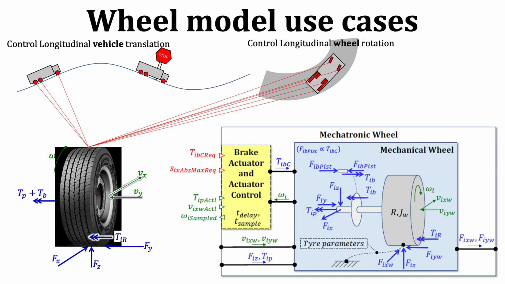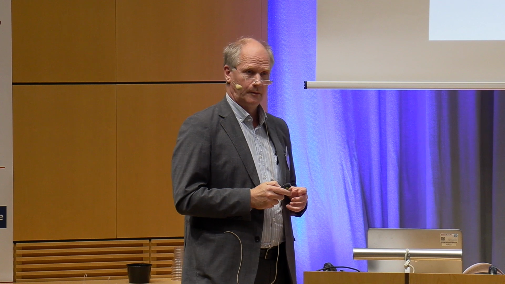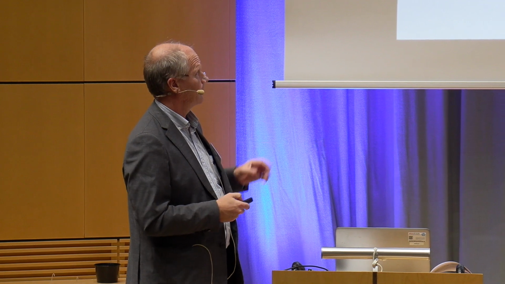You recognize the wheel itself, the physical quantities, but we add here actually the brake disc, because the brake is so much integrated in each wheel, so it's probably practical to have this as a part of the wheel module. And then we also have the very close to wheel control of the brake actuator could very well be mapped into a mechatronic wheel model.